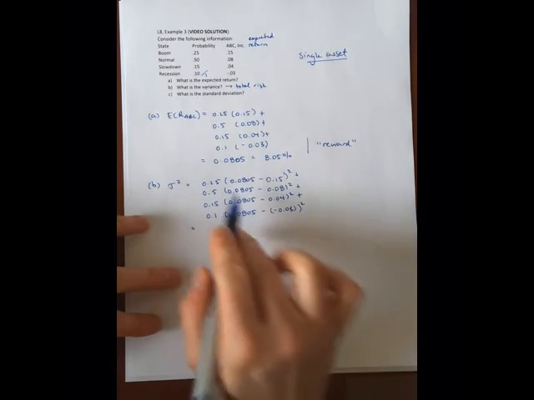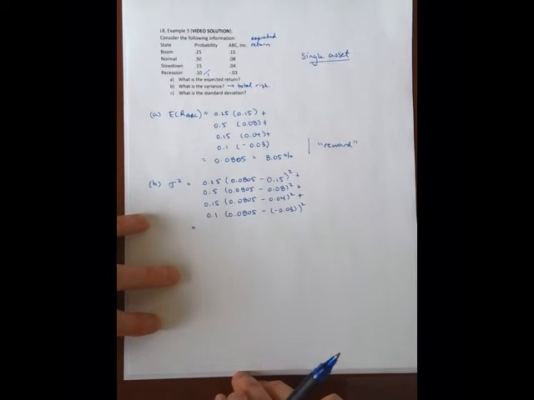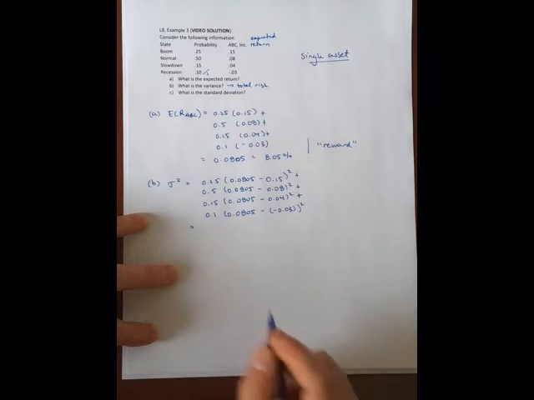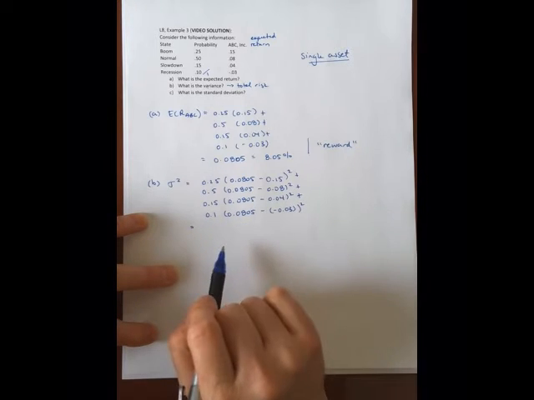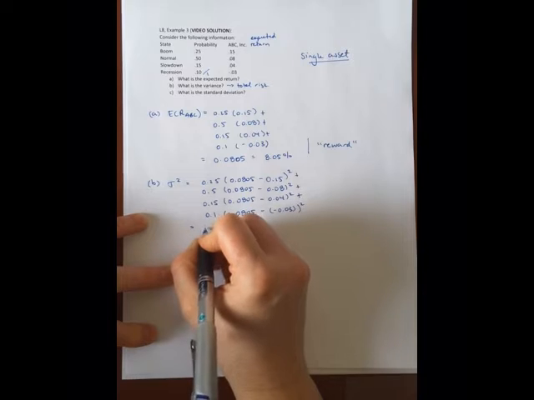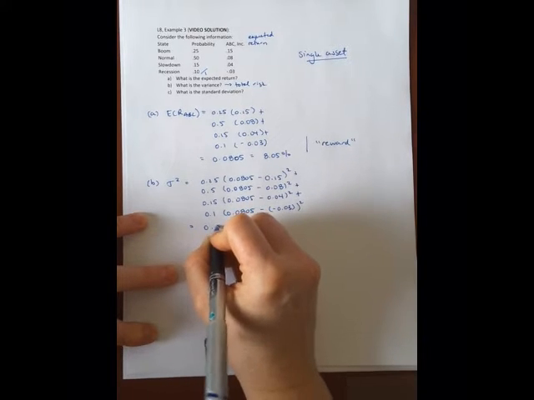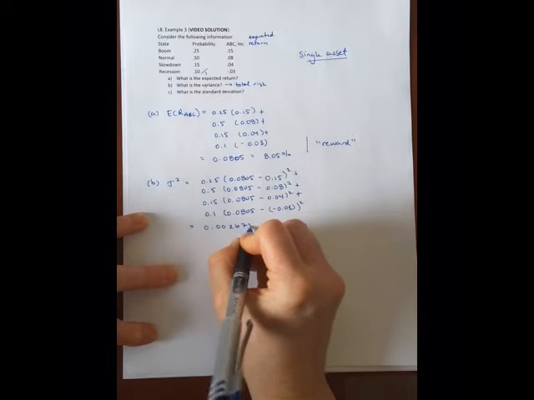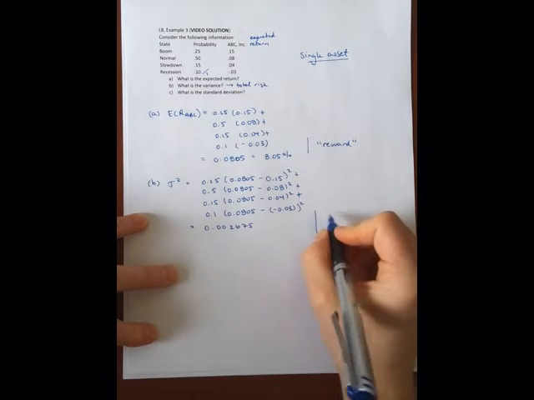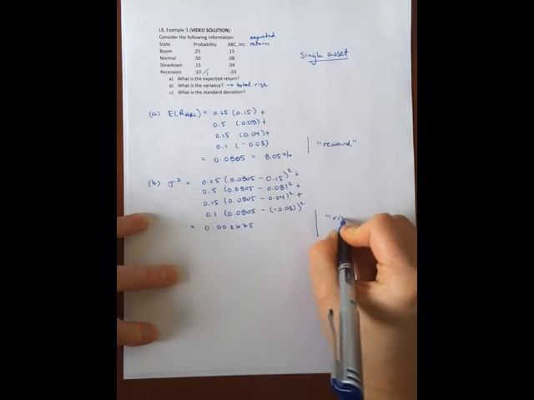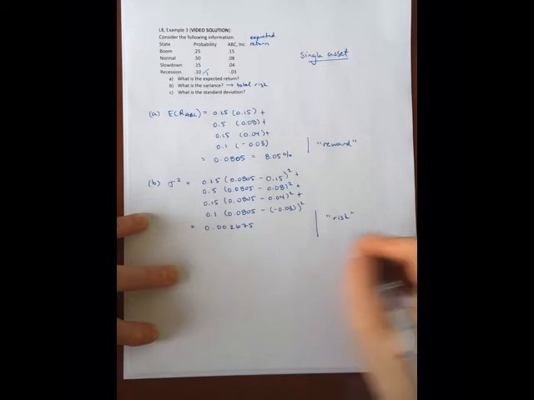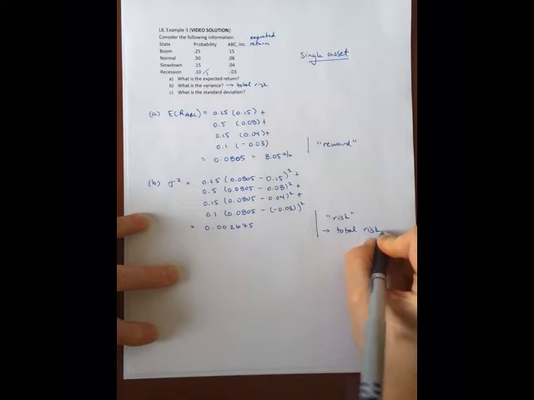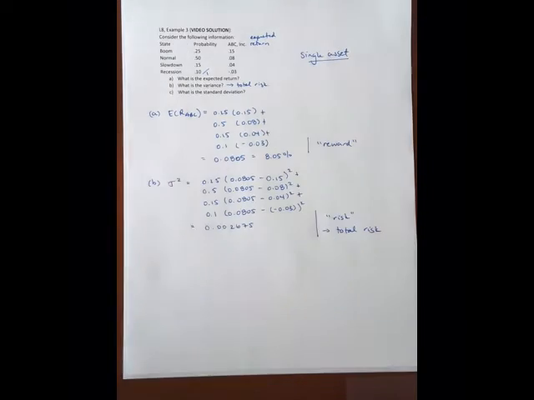So you don't have to do it in this format, but I find sometimes it can be useful because it organizes the information nicely. So you go through and you do your math, and then you end up with a variance observation of 0.002675. So this is the risk associated with the asset, and more specifically, total risk associated with the asset.